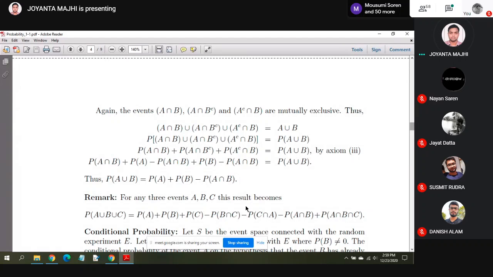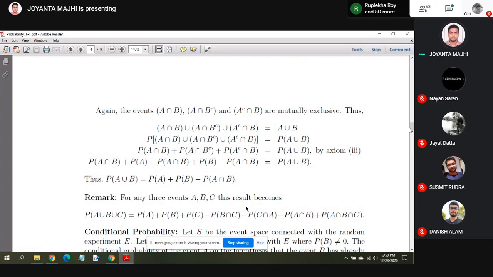And we know that these three sets are mutually exclusive. Then by axiom 3, probability of this equals probability of A intersection B plus probability of A intersection B complement plus probability of A complement intersection B. This derives the result that probability of A union B is equal to probability of A plus probability of B minus probability of A intersection B.